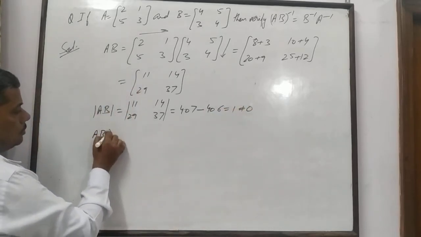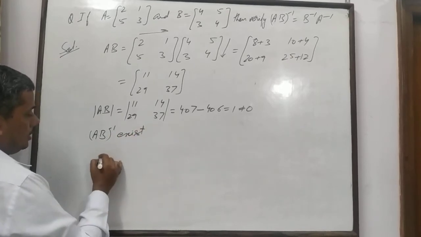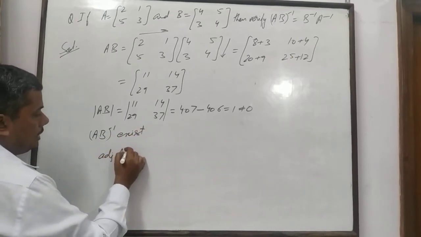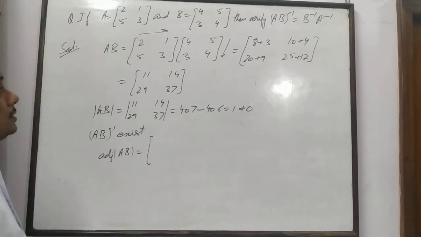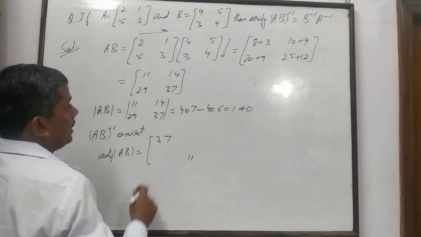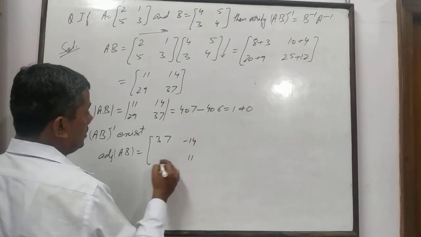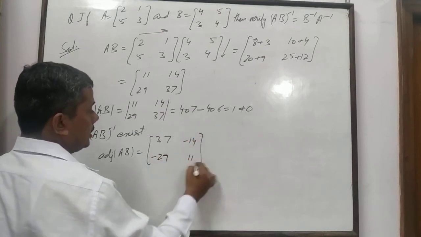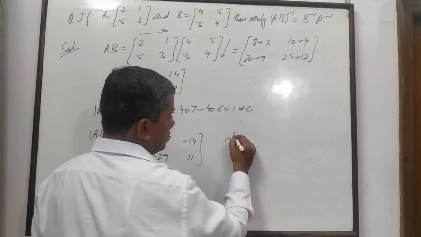So (AB) whole inverse exists, and adjoint of AB. How to find the adjoint of a 2 by 2 matrix? It is: interchange the diagonal elements, 37, 11, and change the sign of off-diagonal elements, that is minus 14, minus 29.